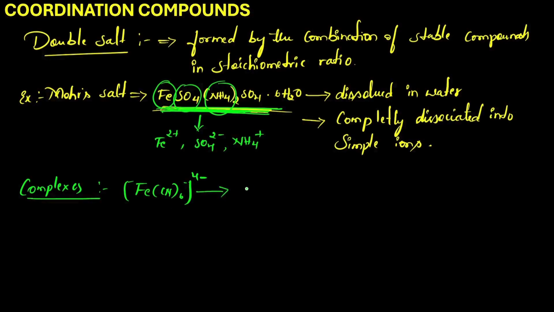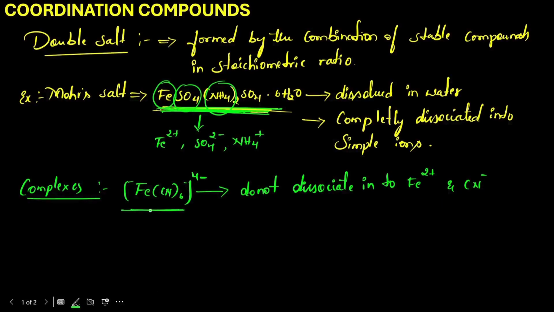This complex does not dissociate into simple ions, that is Fe2+ and CN-, whereas a double salt completely dissociates into simple ions when it is dissolved in water. This is the difference between double salts and complexes.